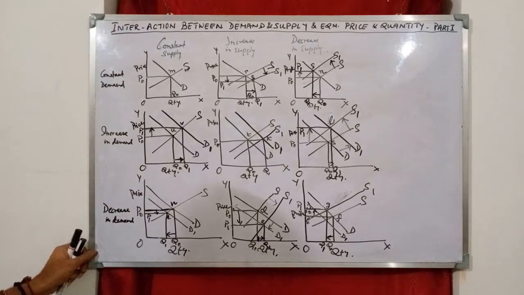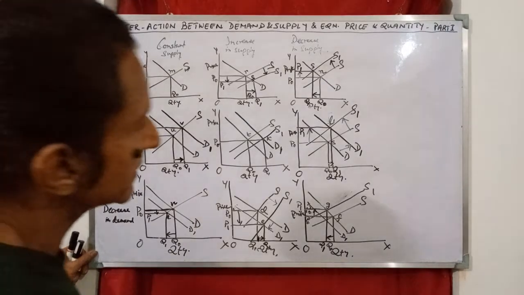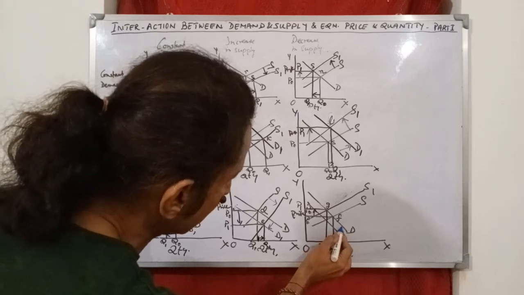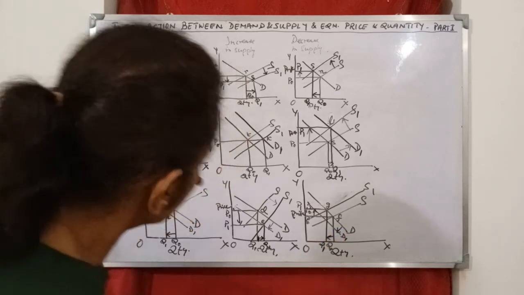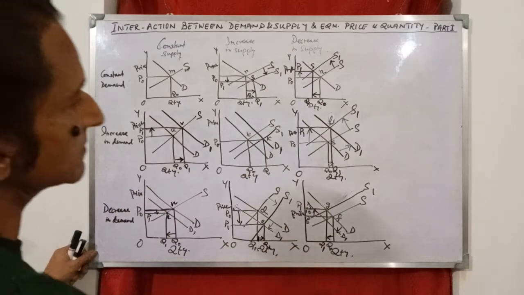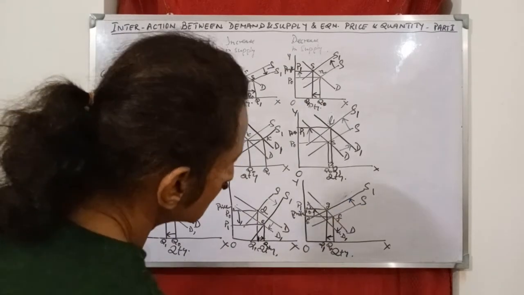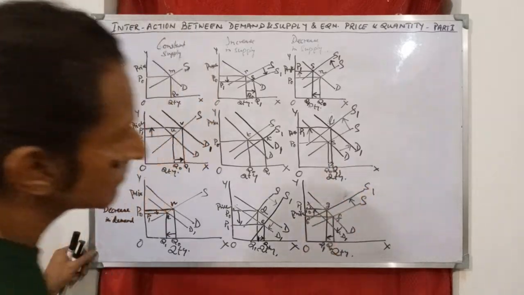As demand is decreasing, the new demand curve will be D1, that is, the demand curve will shift parallel leftward, and supply is decreasing. So supply curve will shift leftward parallelly. So S will become S1.